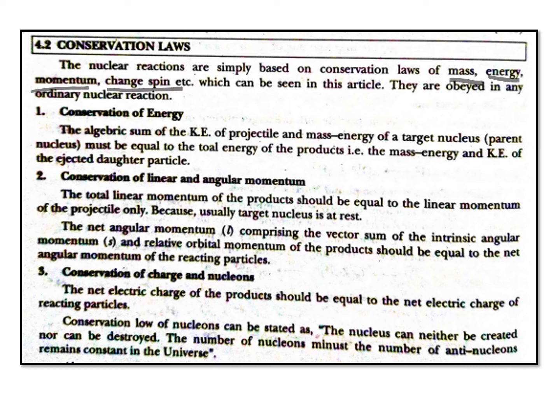Spin we very rarely use when going into the details of nuclear reactions; at a higher level we can go to the conservation of spin. Otherwise, at the bulk level, we can consider mass, energy, momentum, charge. It is important for short notes.